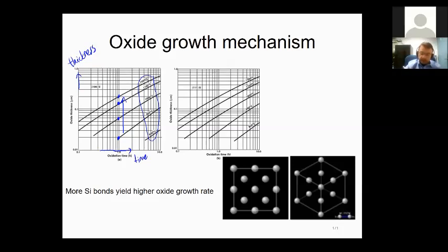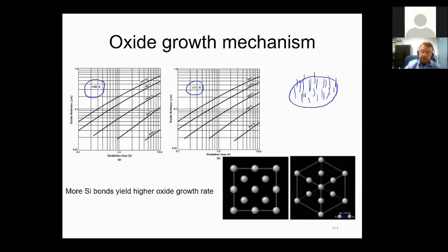And in a similar fashion, there's going to be a dependency on the crystallography of the wafer too. Since we're starting with a wafer, it's going to be critical, and it has to do with the kinetics and also the chemistry, right? It will depend on how many bonds I have available on the top surface of the silicon wafer, because the oxidant will come in here. If there are too many bonds available, the oxidation rate will be quicker.